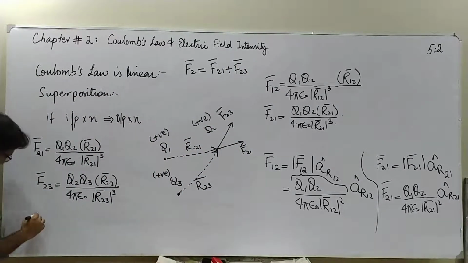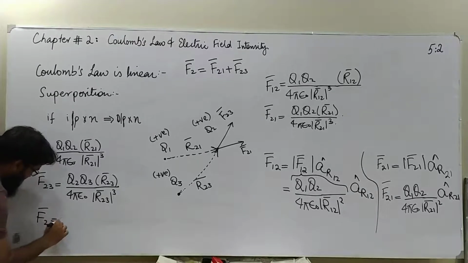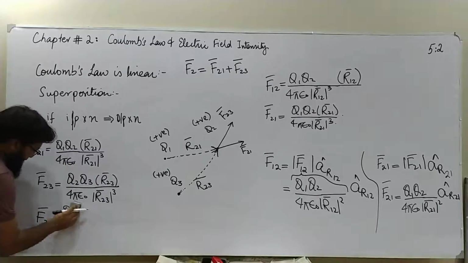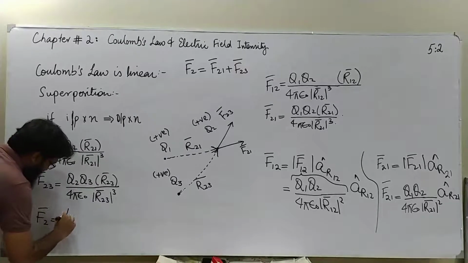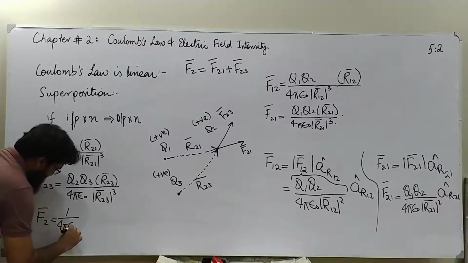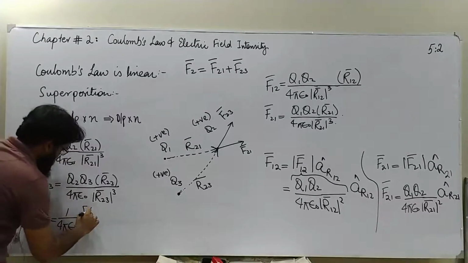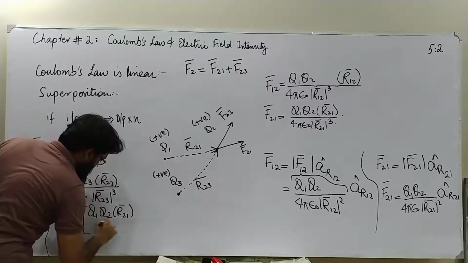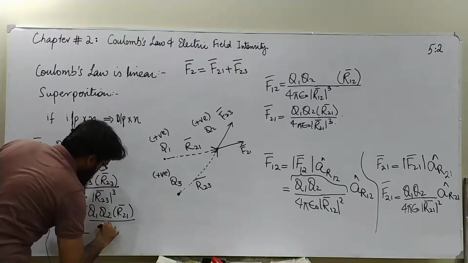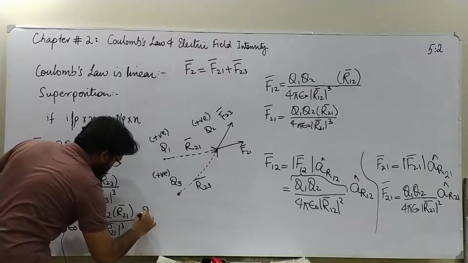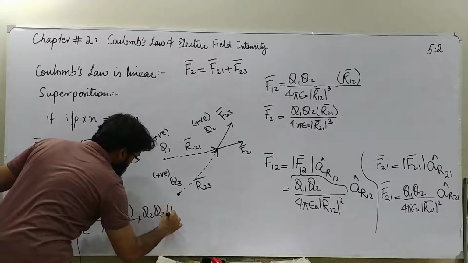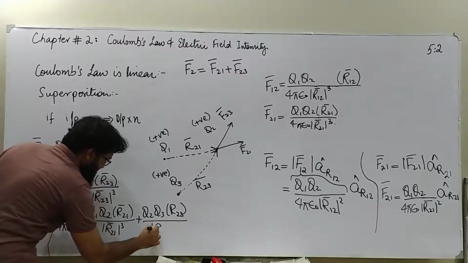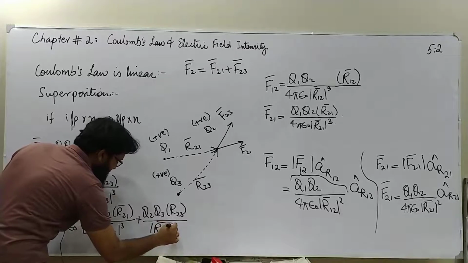So F2 is nothing but, if I take 1 upon 4 pi epsilon naught common, Q1 Q2 R21 divided by magnitude of R21 cubed plus Q2 Q3 R23 divided by magnitude of R23 cubed.